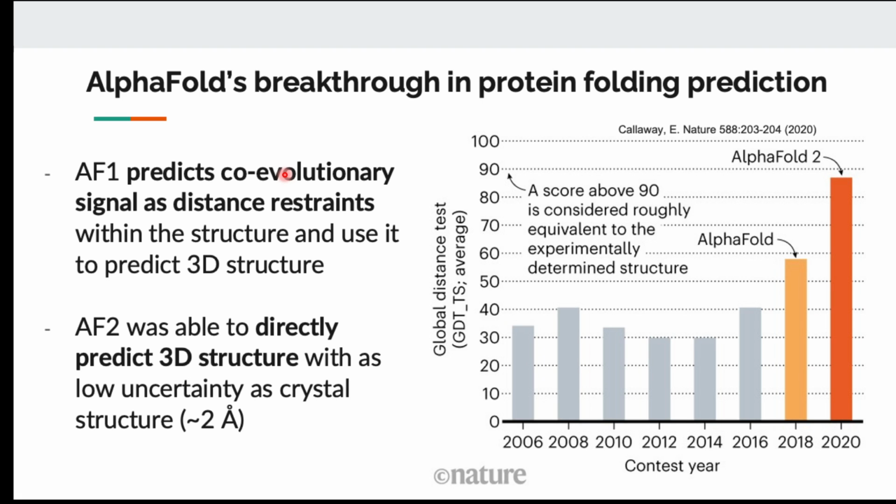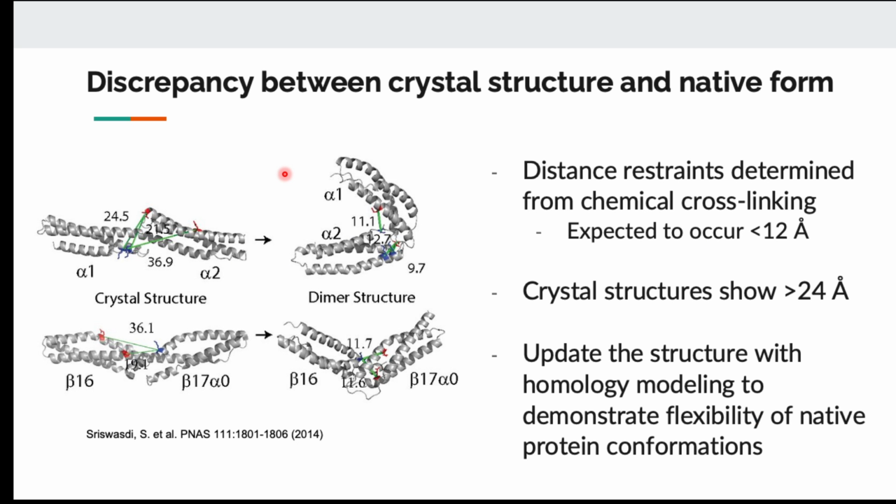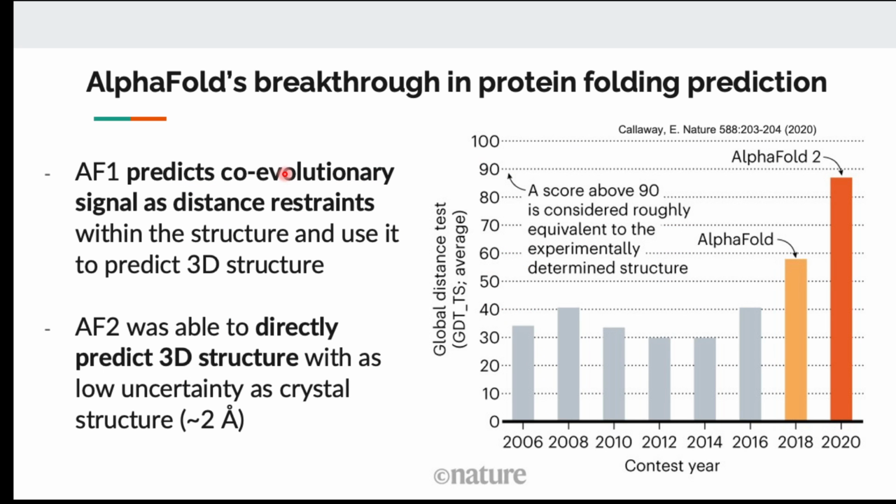It can identify which residues in the protein have to be near each other in 3 dimensions. So basically, it hasn't predicted the 3D structure yet, but it predicts the constraints that can be used to find the right structure. And that was 2018.